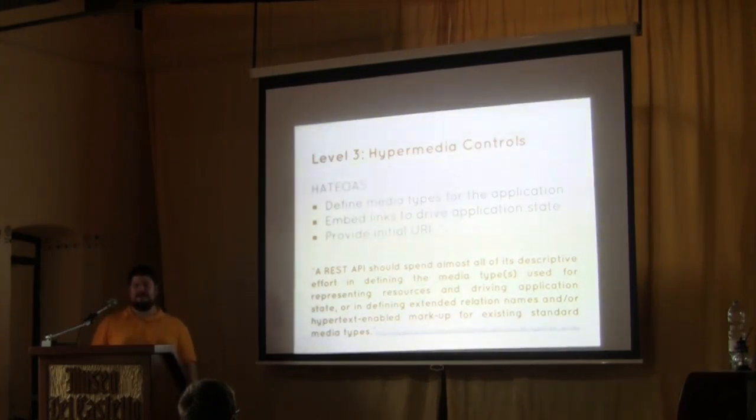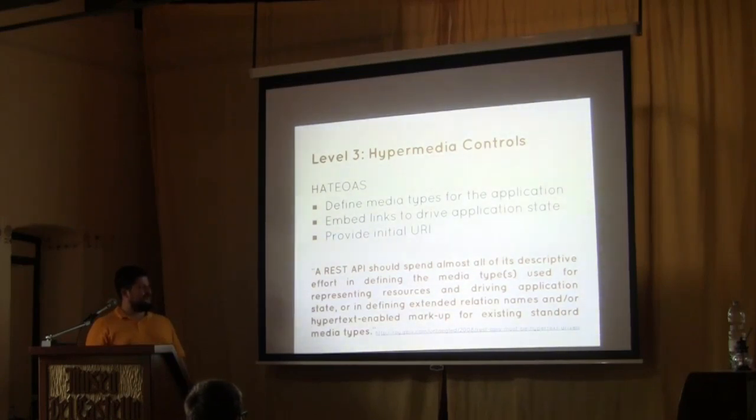It's one of the central ones and the one most misunderstood. The important thing here is: a REST API should spend almost all of its descriptive effort in defining the media types used for representing resources and driving the application state, or in defining extended relation names or hypermedia-enabled markup for existing media types. So what does this mean?